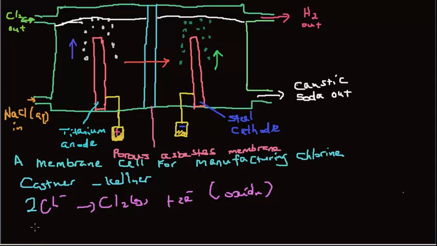So this one itself is an oxidation reaction, right? And now at the cathode, right here at our cathode, which is negatively charged, we see that hydrogen is being produced. So our hydrogen is being produced from our water.